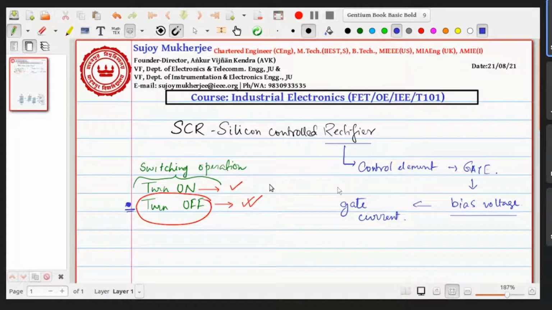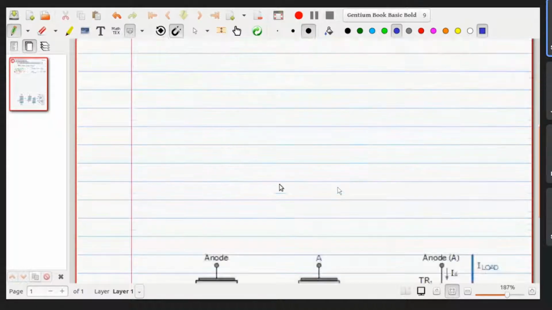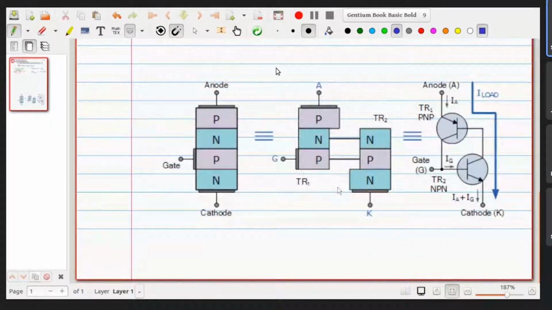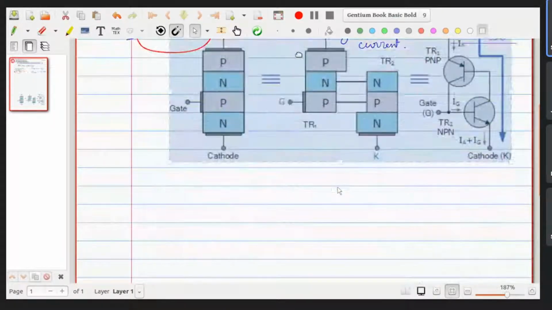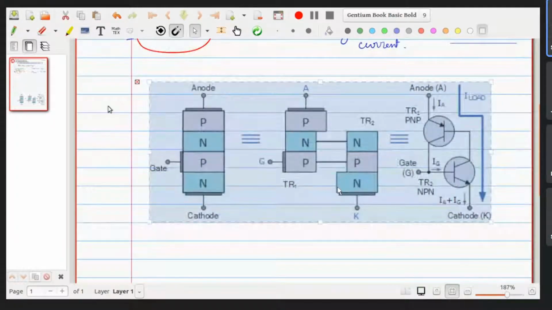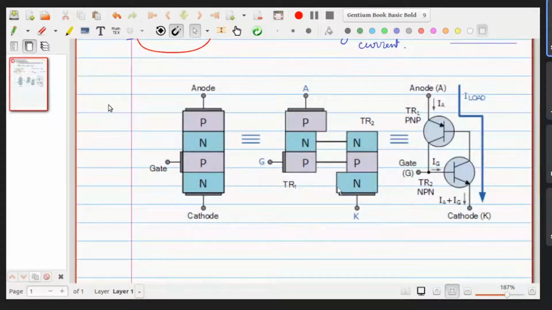So the total class of devices operating on the principle of the silicon control rectifier are collectively referred to as the thyristors. So what is a silicon control rectifier in that sense? Let us take this particular figure.